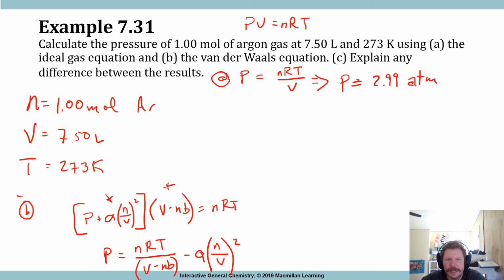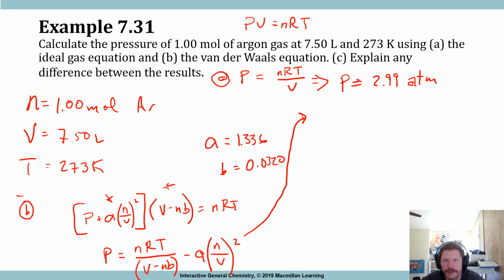Okay, now what I need are my constants. So for argon gas, for Ar, my A value is equal to 1.336. Okay, my B value is equal to 0.0320. Okay, do I know everything else? I do. So I'm going to swing this up here, and I'm going to say P is equal to, I'm just going to start plugging values in. So n is 1. Multiply that by 0.08206.